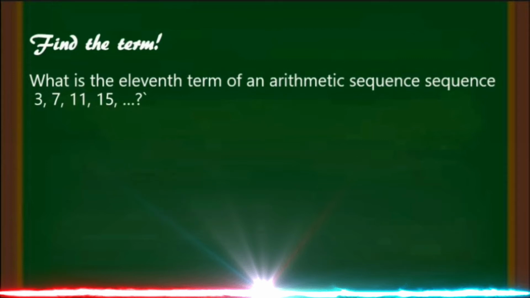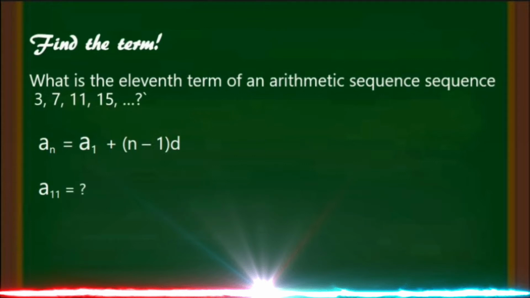So we are required to compute the 11th term. Using the general formula, a sub n is equal to a sub 1 plus quantity n minus 1 times d, let us first know what is given in the word problem.